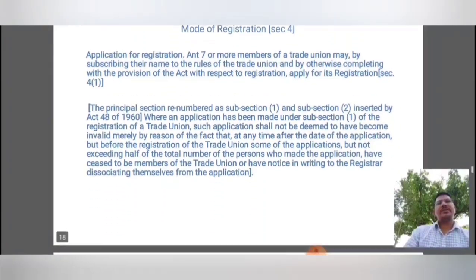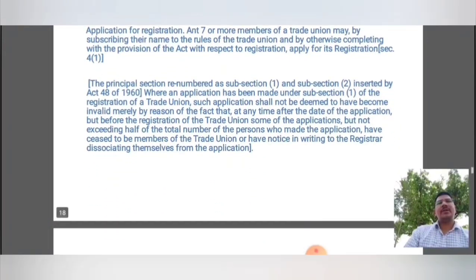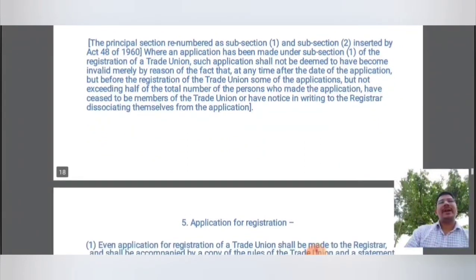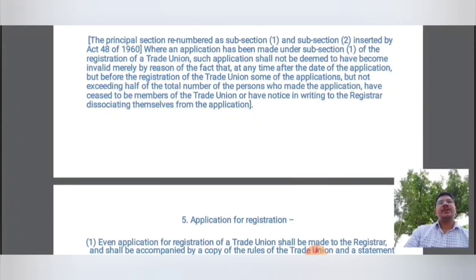The principal section was renumbered as subsection 1, and subsection 2 was inserted by Act 48 of 1960, wherein an application has been made under subsection 1 for the registration of a trade union.